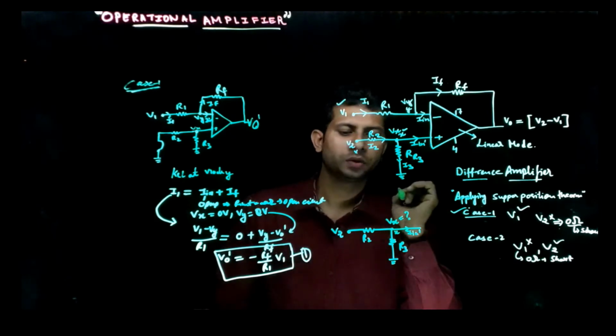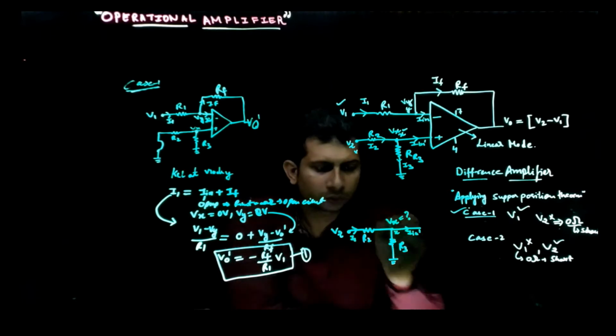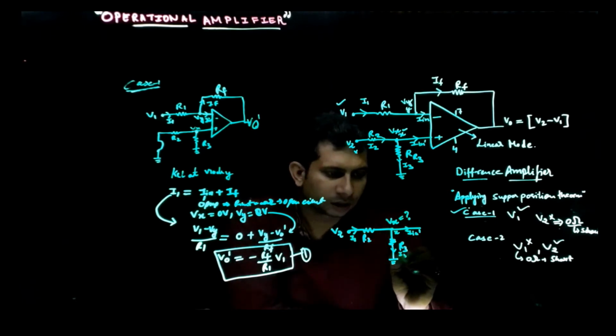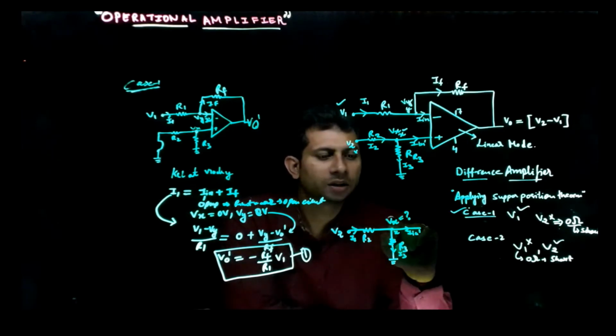The current in this branch is I2, in this branch is I3. Now we apply KCL at this node.